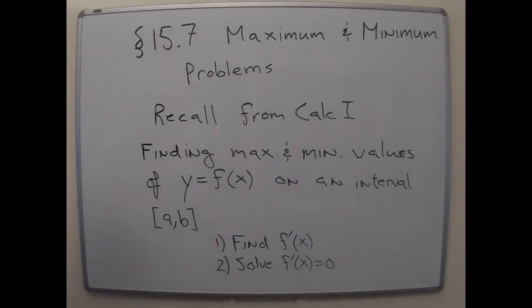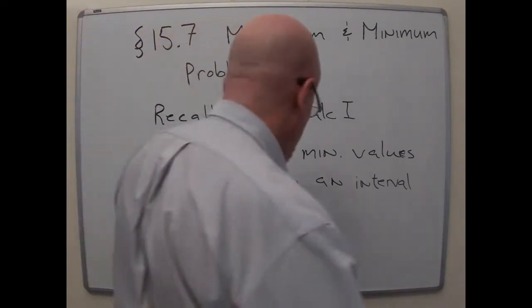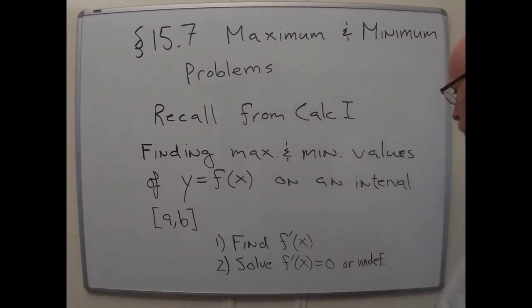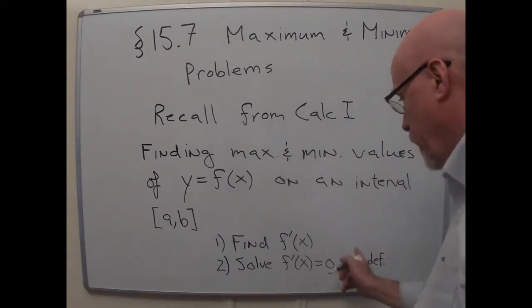And actually we should say something else too. You solve f prime of x equals 0 or undefined. If the derivative doesn't exist at a point, that's possibly a max value or a min value. So f prime of x is 0, or you get some weird error for f prime of x at a particular x value. And those are critical points.